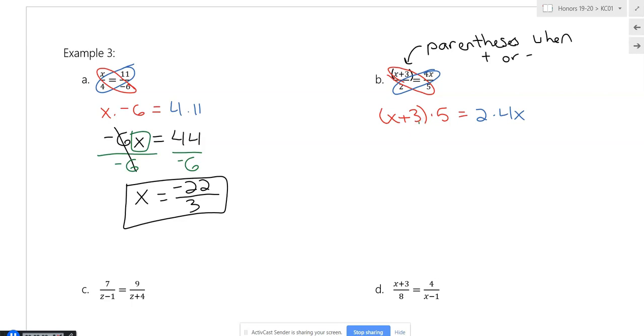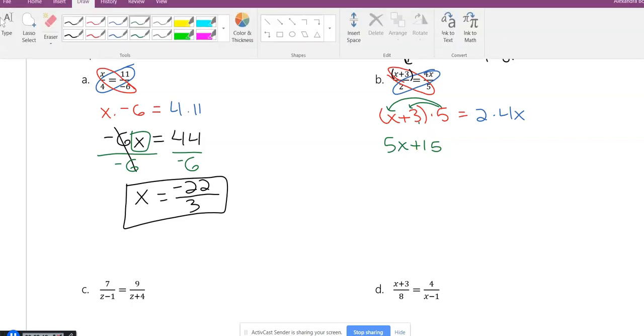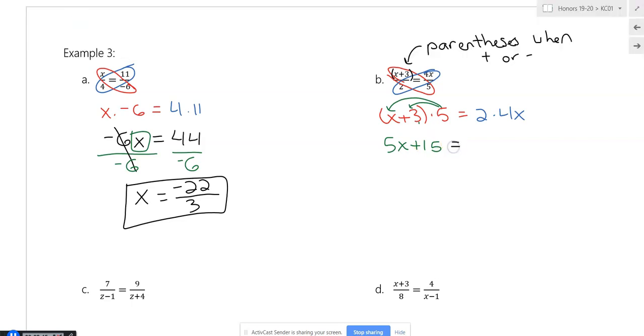However, with the parentheses, it reminds us that I have to multiply both of those things. So use that distributive property. So now I have 5x plus 15. And then 2 times 4x is 8x.